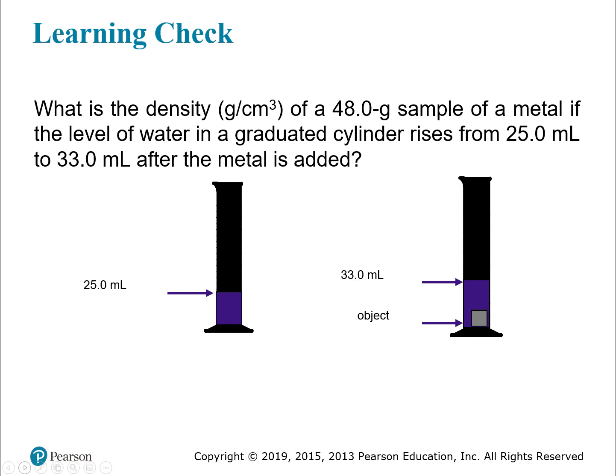So what is the density of a 48.0 gram sample of a metal if the level of water in a graduated cylinder rises from 25 milliliters to 33 milliliters after the metal is added? We have this lovely picture here. So at first we have 25 milliliters. You put in your solid or your object, and the level is now 33.